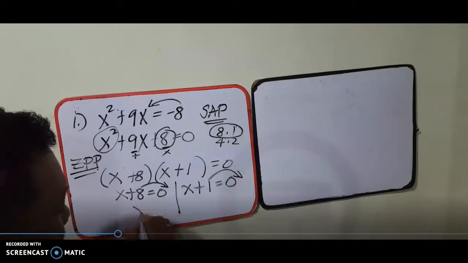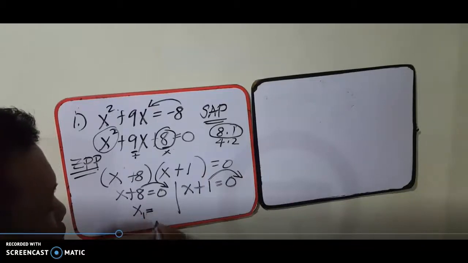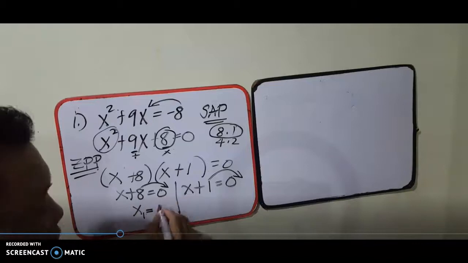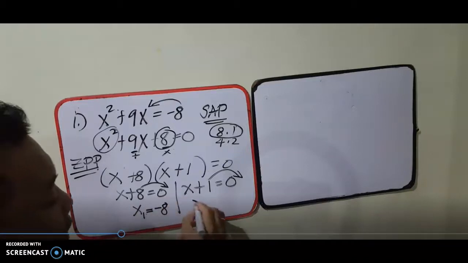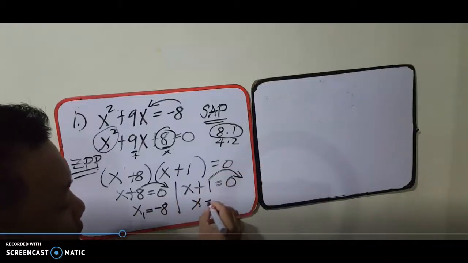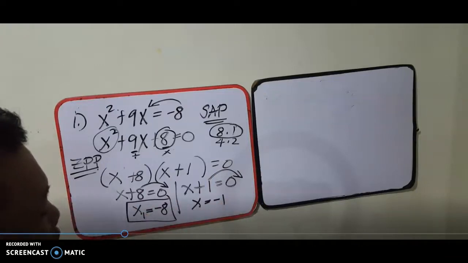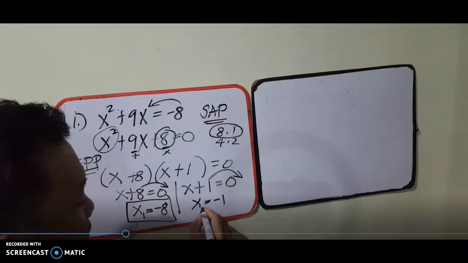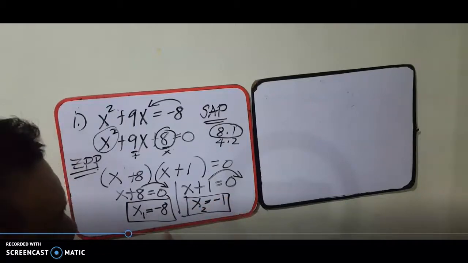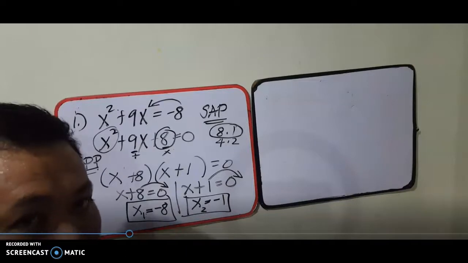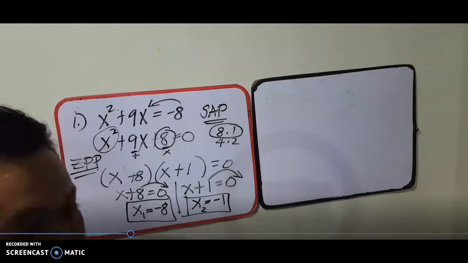Then x sub 1, the first solution, will become negative 8, and x is equal to negative 1. Therefore, the solutions are x sub 1 is negative 8, while x sub 2 is negative 1. That's how we make use of factoring as a method in solving quadratic equations.